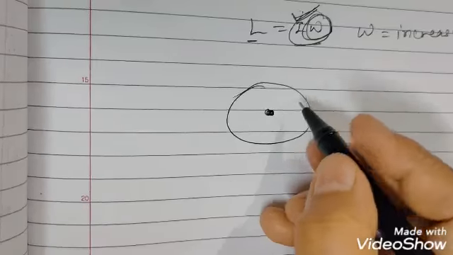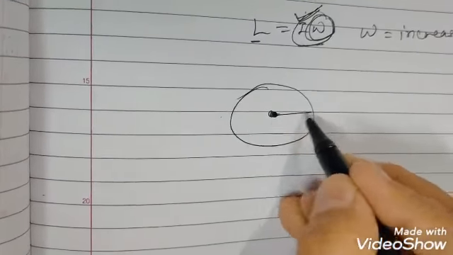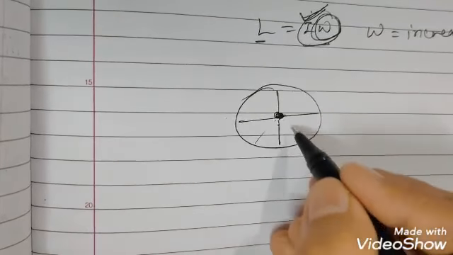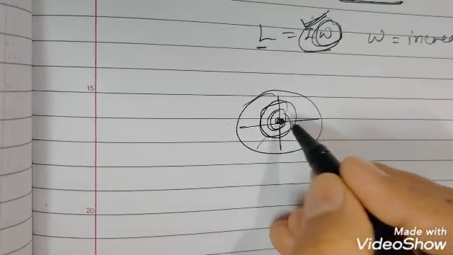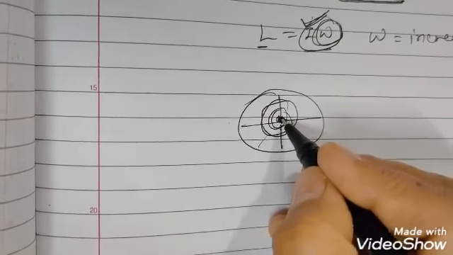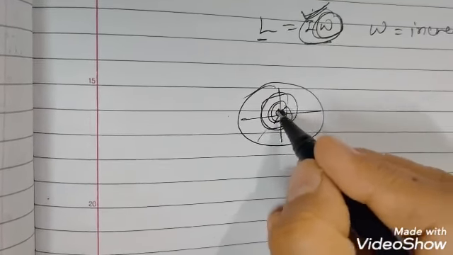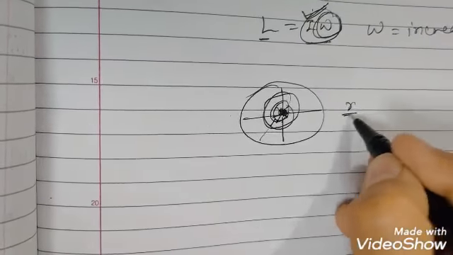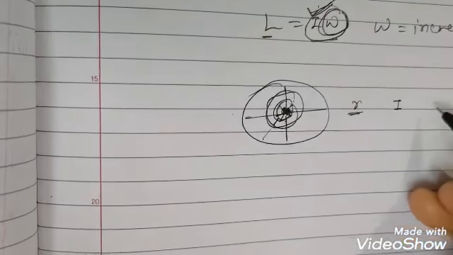So in the case of the neutron star, the size of this star will decrease, and because the size is decreasing, from the rotational axis, from where it is rotating, the distribution of the mass will decrease, and because r decreases, I also will decrease.